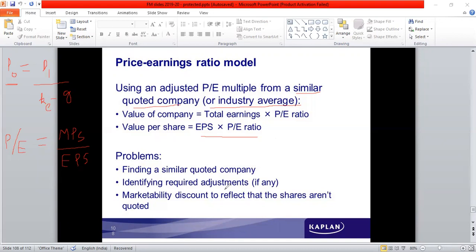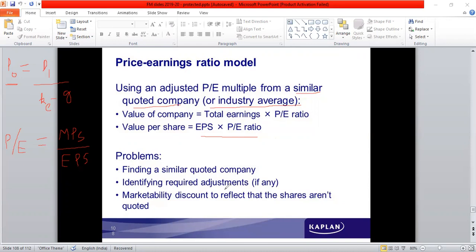Next one talks about marketability discount to reflect that the shares aren't quoted. So you must have learned about what is a quoted company. So finding out and making those adjustments, because it is not a quoted company. Find out what that is, and then make the adjustments, which can reflect the true value of this particular company.